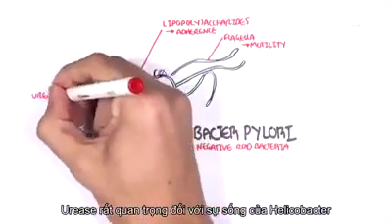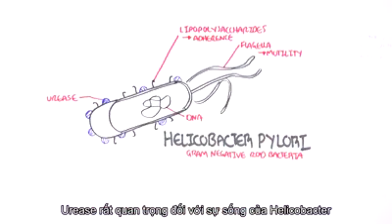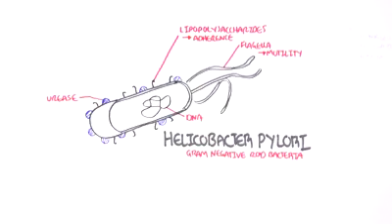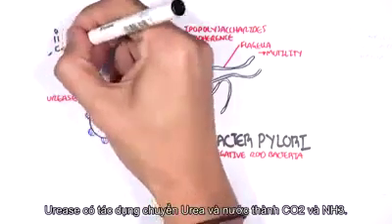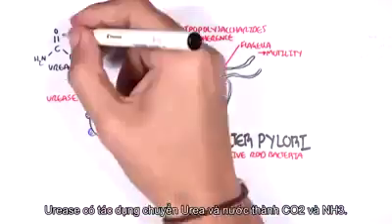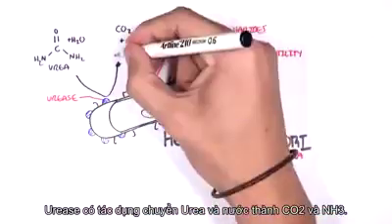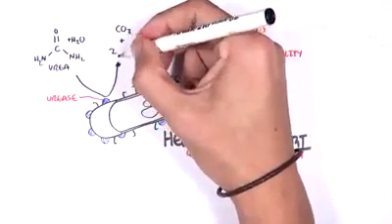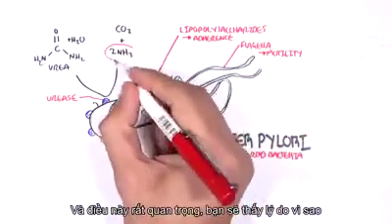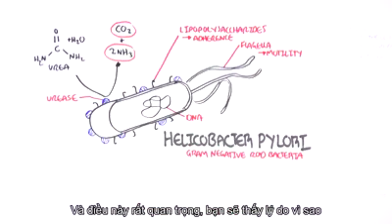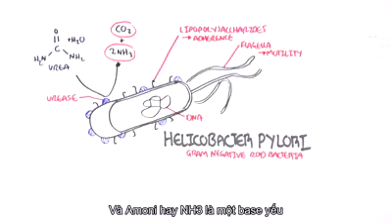Now, urease is very important in Helicobacter pylori survival. What urease does is that it converts urea and water to carbon dioxide and ammonia. And this is important, and we'll soon see why. But essentially, ammonia, which is NH3, is quite basic, so it's alkaline.